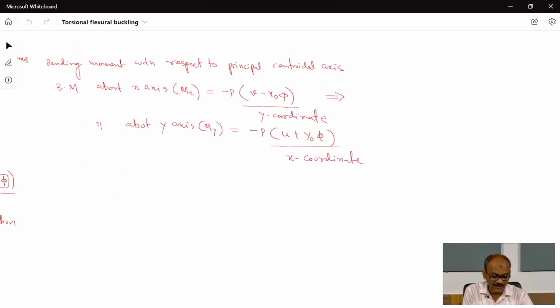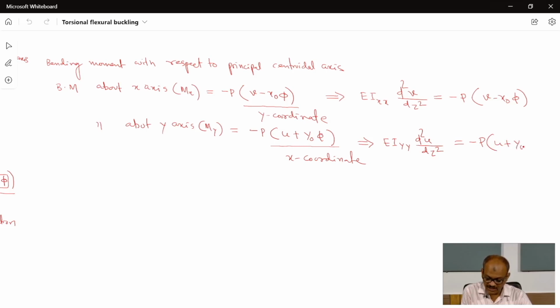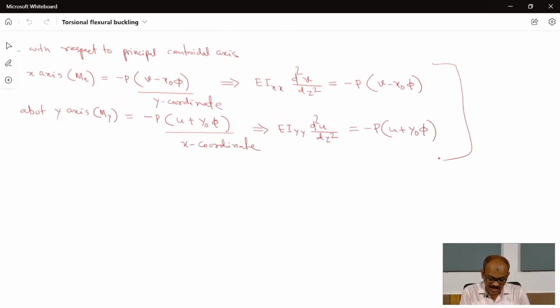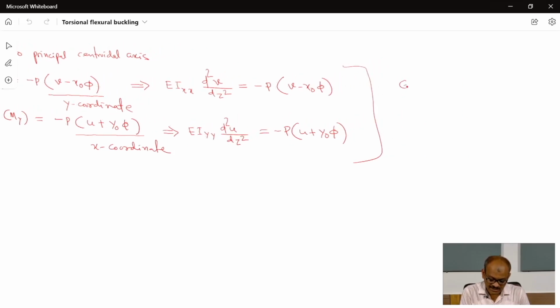So this can be written as E Ixx d square v by dz square is equal to minus P into V minus X naught phi, and E Iyy d square u by dz square is equal to minus P into U plus Y naught phi. These two are the governing differential equations for bending about the principal centroidal axes.